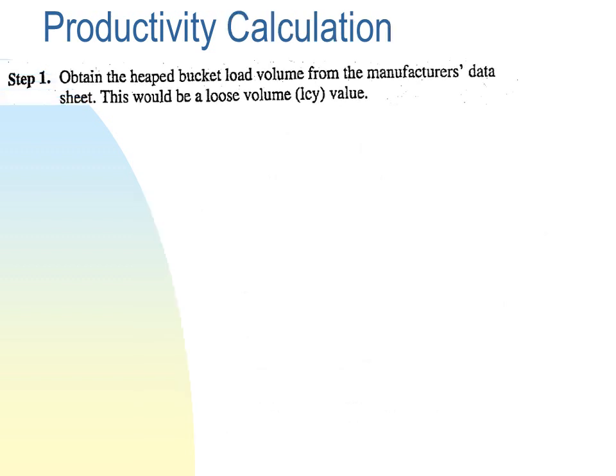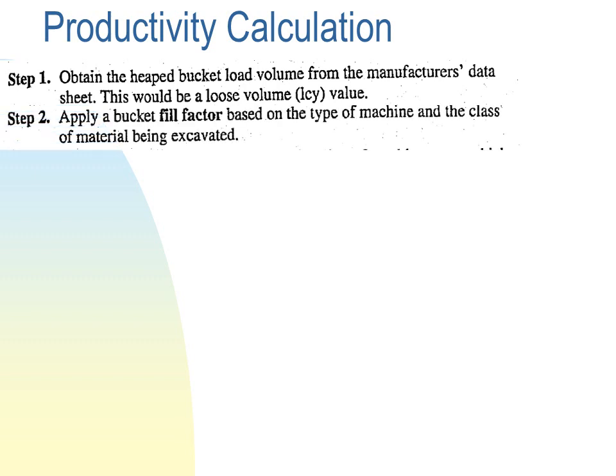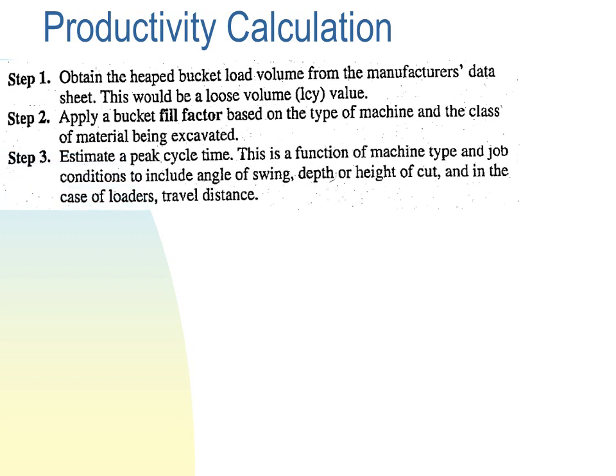So mainly you will have the bucket capacity in loose units for sure. You will have the bucket fill factor based on the table that we have discussed. You will have the cycle time based on the cycle times that we have mentioned, and we're showing more details about them, and the efficiency factor.